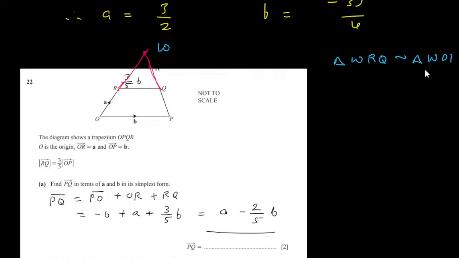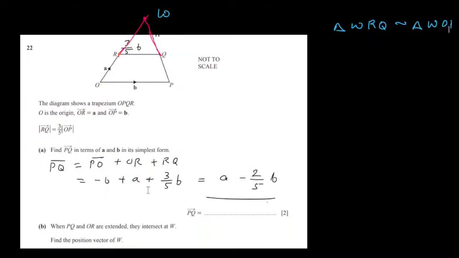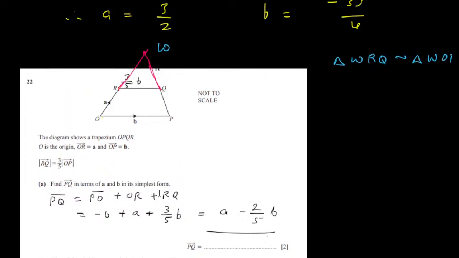Find the position vector of W, so we have to find OW. Therefore RW divided by OW will be equal to RQ divided by OP.